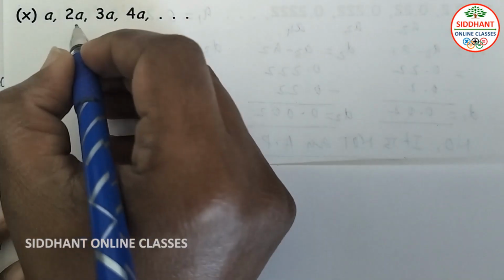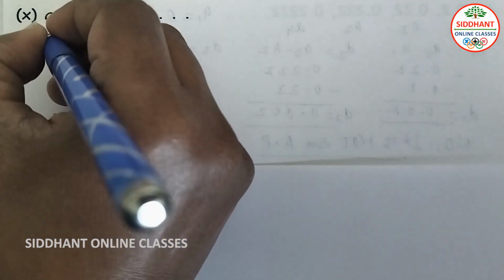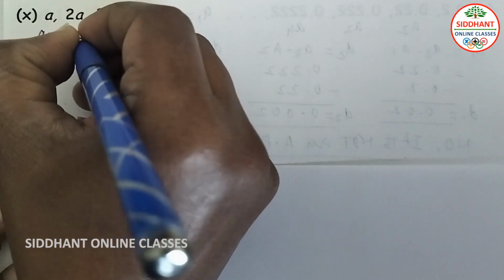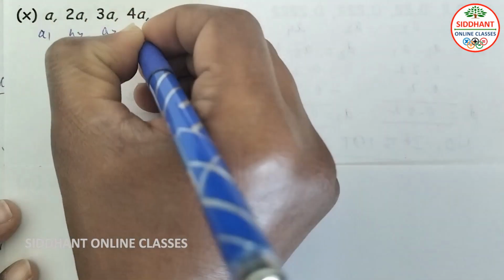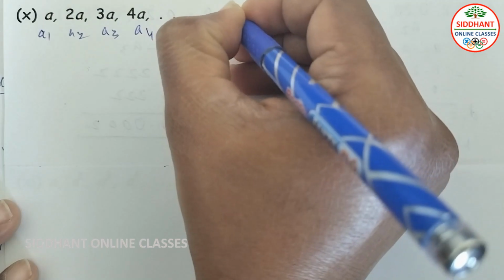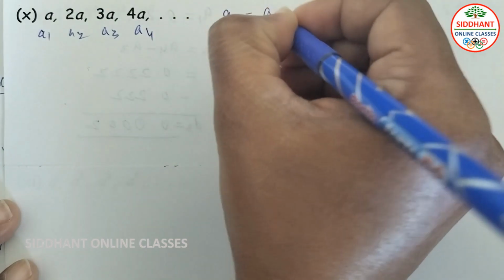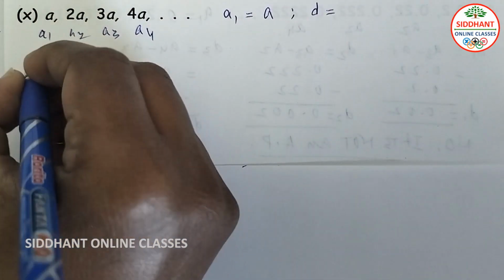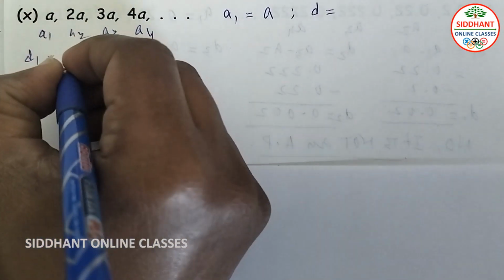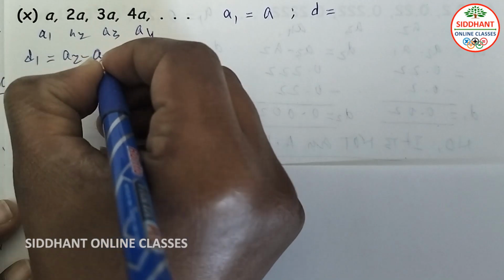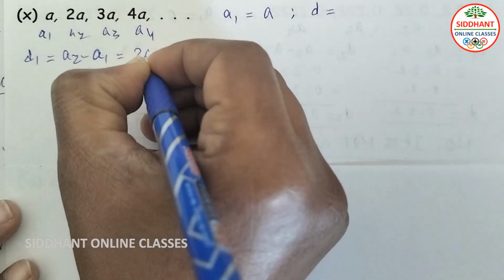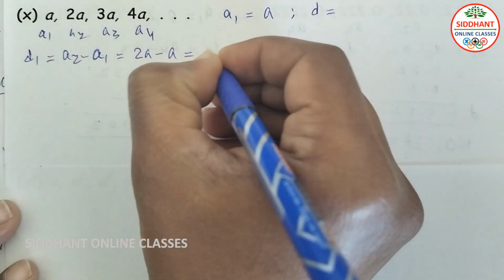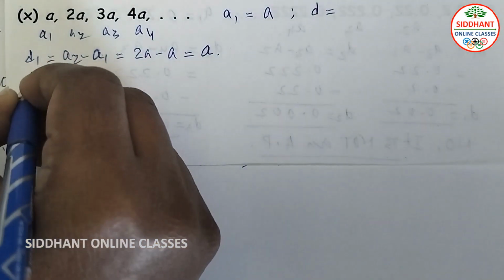10th one, A, 2A, 3A, 4A. So let it be A1, A2, A3, A4 here. Now first term A1 is equal to A, and D we are going to find out. D1 is A2 minus A1, that equal to 2A minus A, that equal to A here.